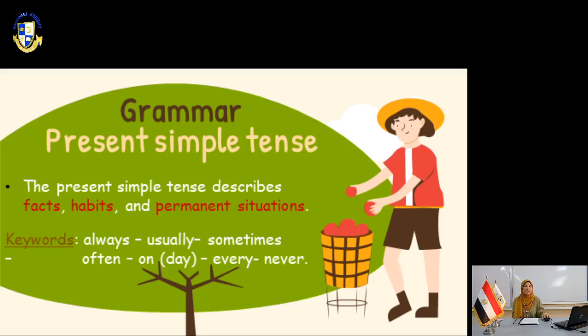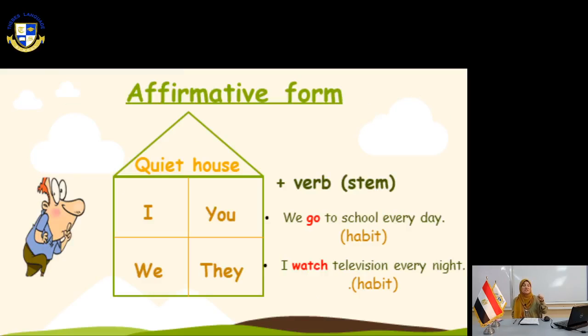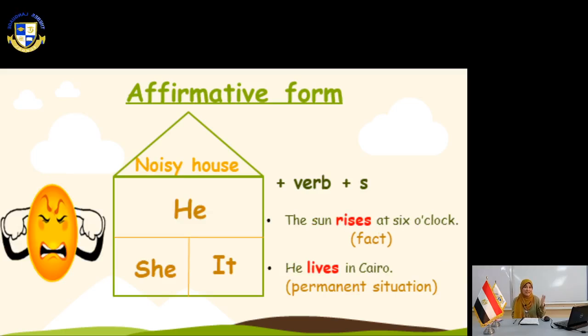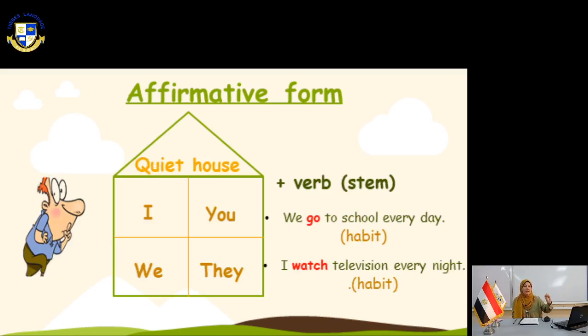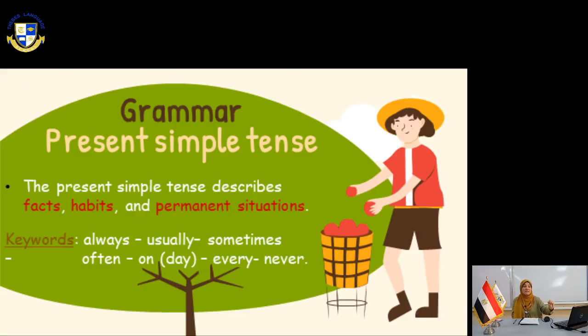Okay. What are the key words for the present simple tense? The key word means that this word is the key that opens the sentence for me. It shows me in which tense the sentence is. When I see one of those words in any sentence, I must know that this sentence is in the present simple tense.